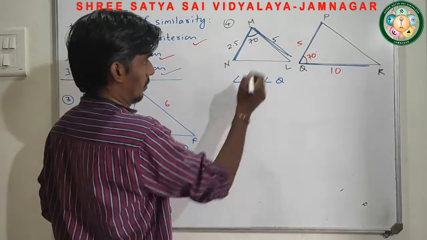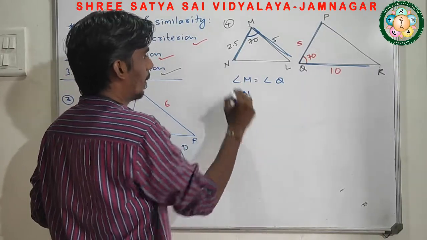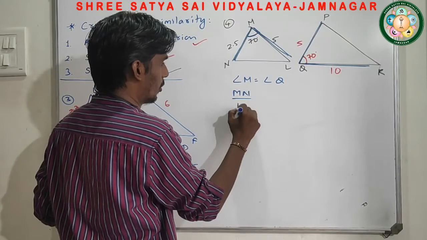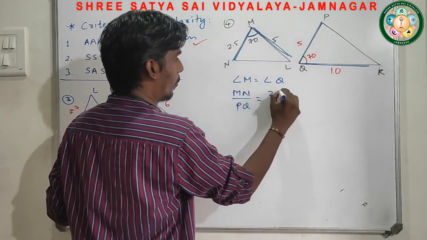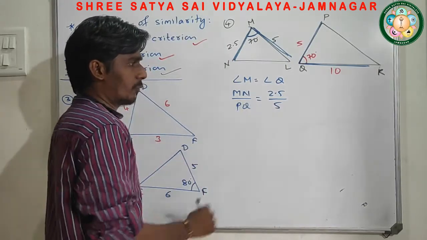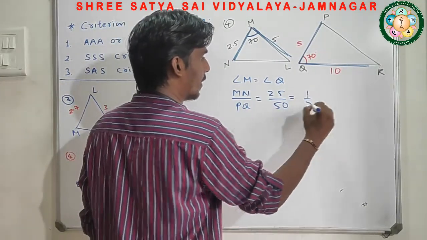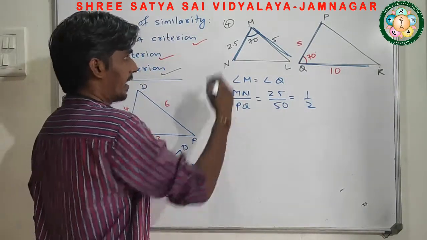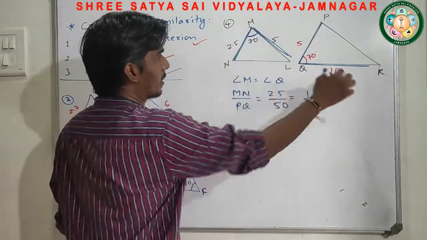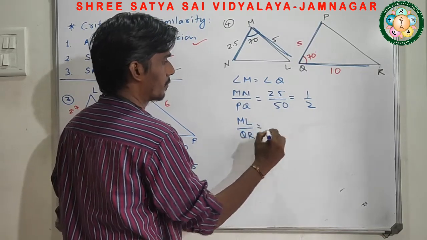So let's try whether they are in proportion or not. So let's take MN upon PQ. MN is 2.5 and PQ is what? 5. It's 2.5 and it's 5. If I remove the decimal, it's 25 upon 50. So definitely it's 1 by 2. Try another side, ML and QR.